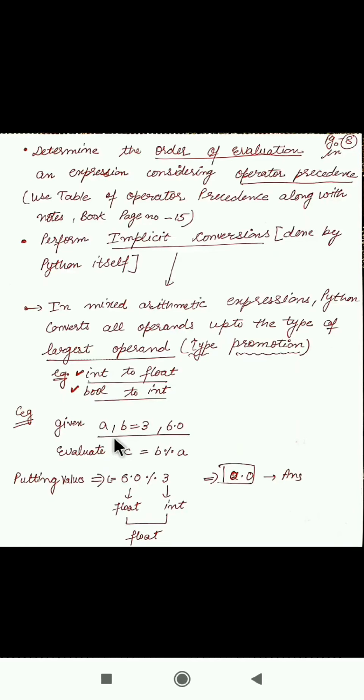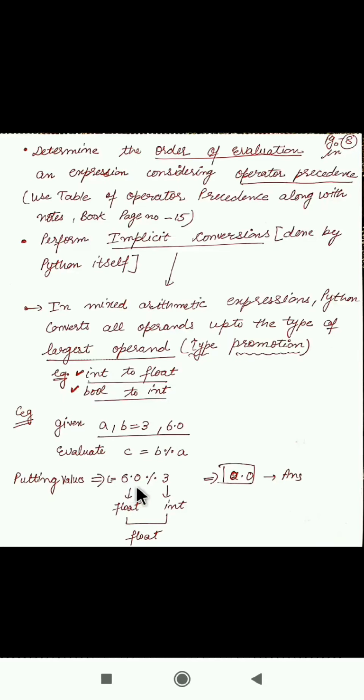So a is an integer type variable holding 3 and b is a float type variable holding 6.0. Now we have to calculate c = b % a. Do you remember for what purpose we use the modulus operator? It is used to calculate the remainder. So now we will replace the values of a and b here.